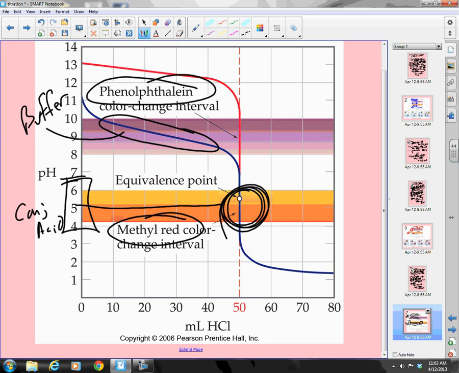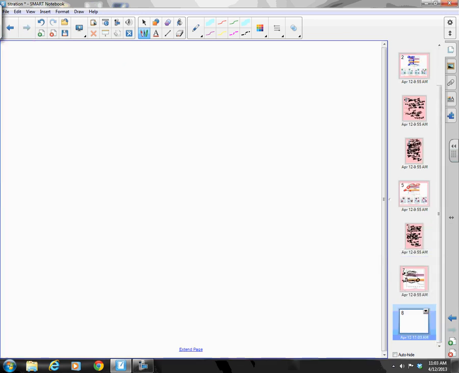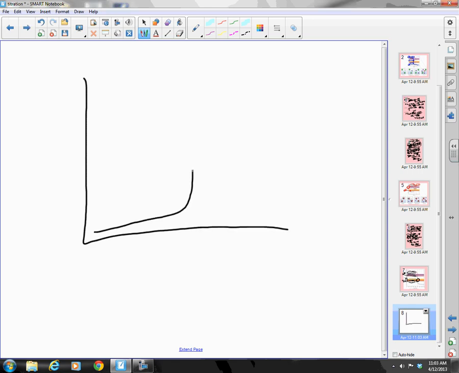Great. One other thing I should probably bring up about titrations, right? Is that if I get a curve and I find the equivalence point, come down here, find the volume, one half of this volume will be the ideal buffer.